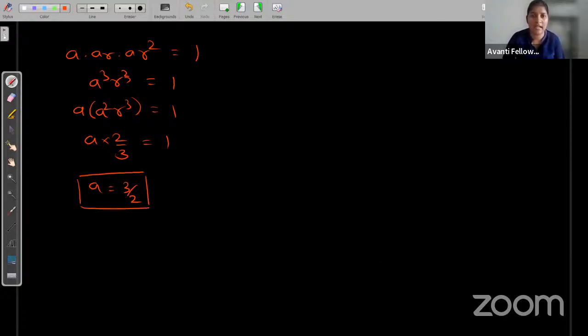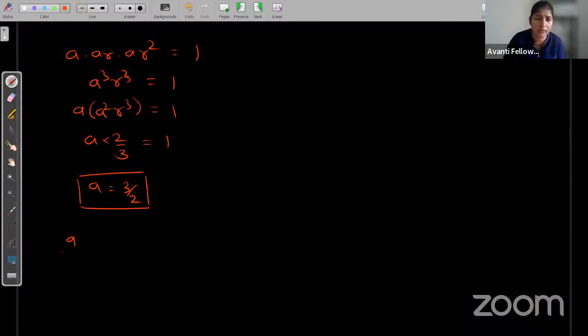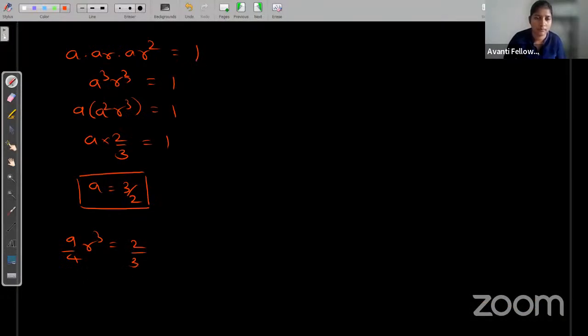We got the A value, and we can easily find the R value also, using this relationship itself. R cube is equal to 2 by 3 into 2 by 3, which is 4 by 9. Just cross multiply and let me know what is the value of R.